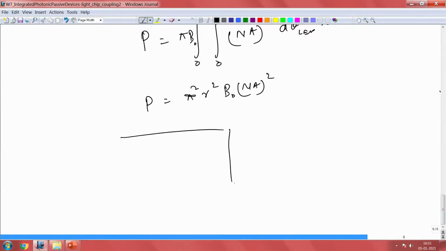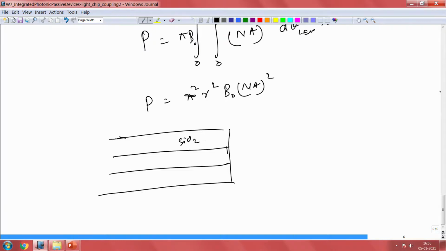If you take a simple fiber, I have an input fiber. The fiber has silica, this is all SiO2, and N effective is approximately equal to 1.45 or 1.5, let us say. I want to know how much power could be transmitted and how much will be reflected.